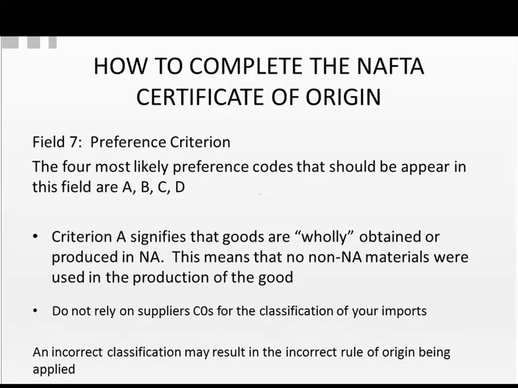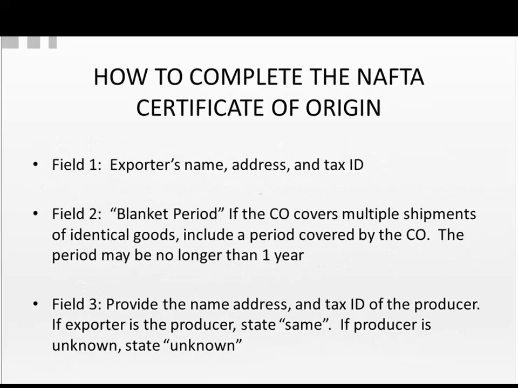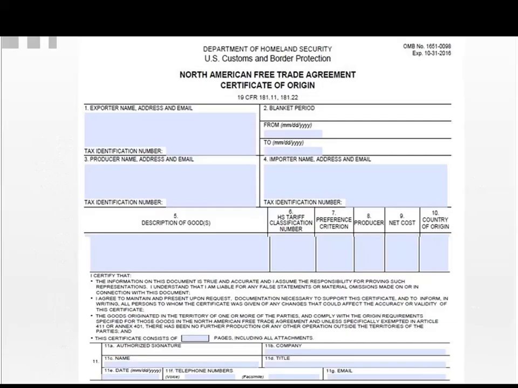Now let's go up to what we mean by field number 7. Right, we did the description of goods, which is your number 5, a very specific description of goods. Your harmonized schedule, and this is, as we've talked about, field number 6, HS tariff classification number. Again, maybe you want to get your customs broker to help you.